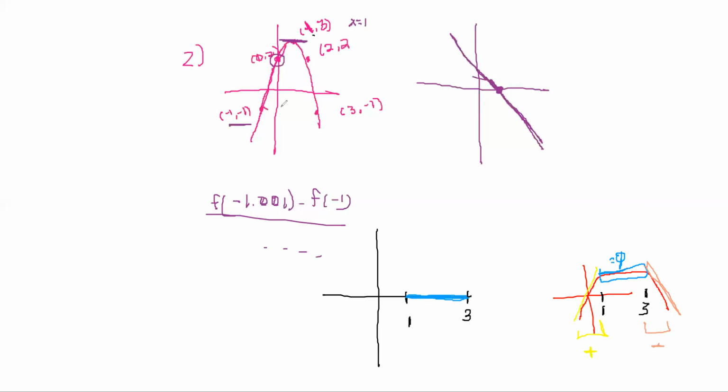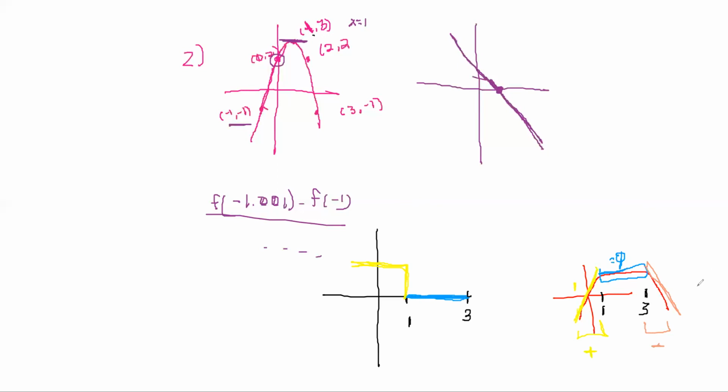We know from this, I drew it as a line, so it's just one constant. Let's say this slope is 1. So it would look like this, because I drew it as a line.